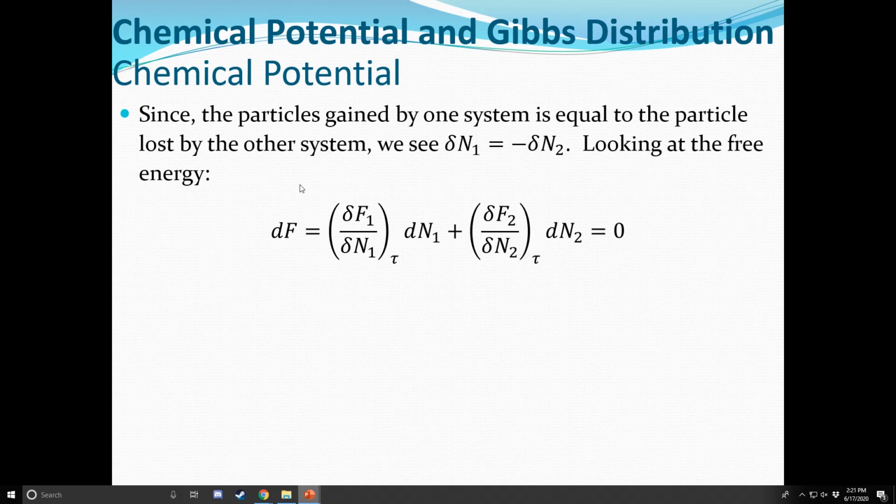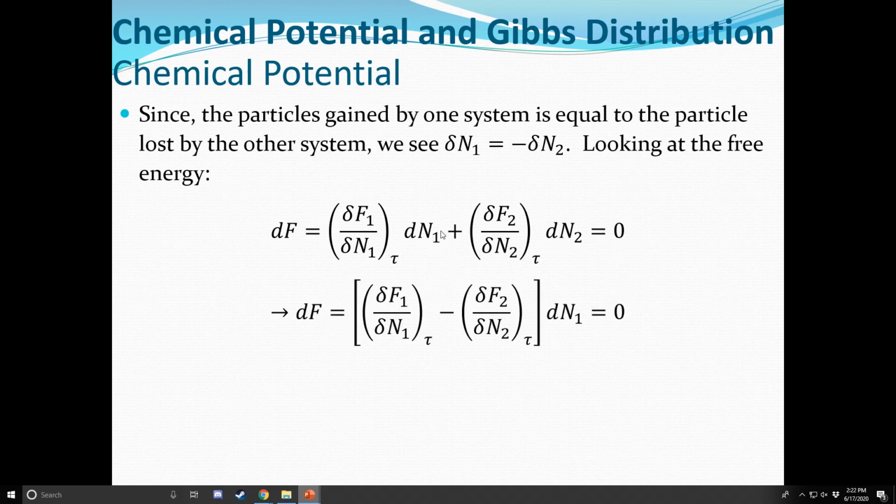Now we know that the number of particles gained by one system is equal to the number lost by the other. So dN1 and dN2 are equal and opposite. As it says right here, dN1 is just the negative of dN2.